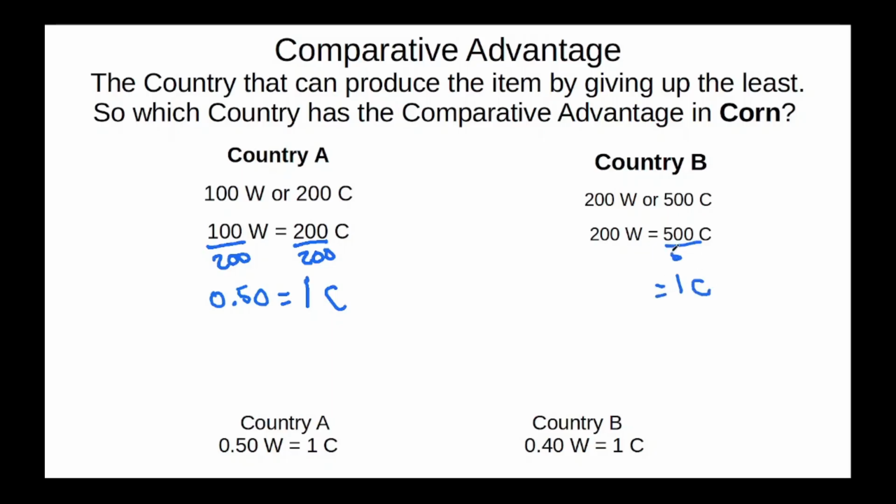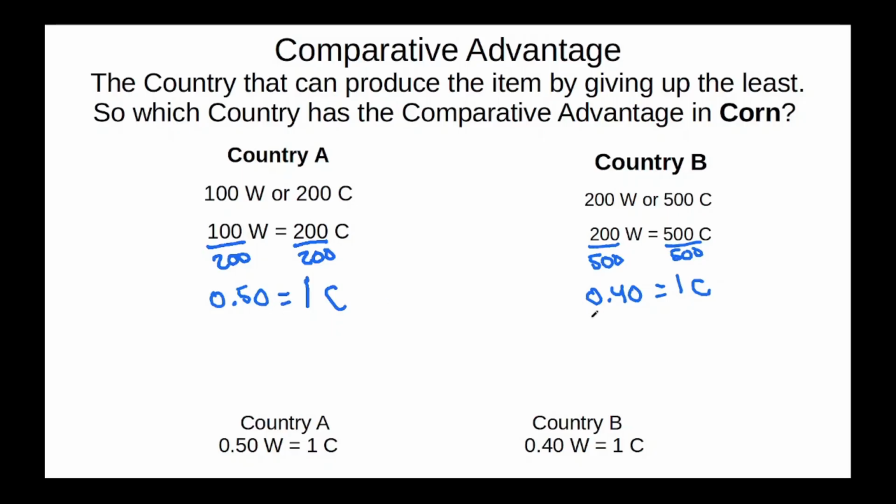We'll have to divide both sides by 500. 500 divided by 500 to get us down to the one that we want. And 200 divided by 500 will end up at 0.4. So we'll give up 4/10 for country B, and half for country A.